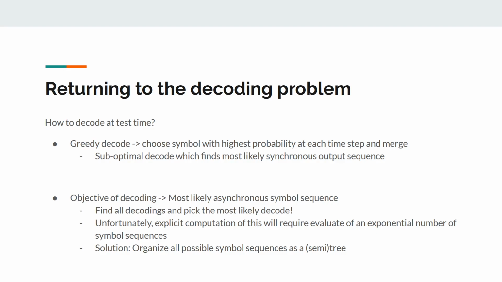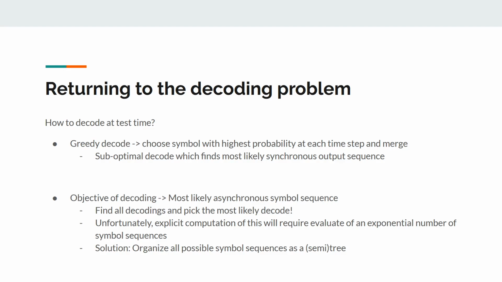Another possible way would be by simply enumerating all possible decodings using the probability matrix that we have, and basically obtaining all possible symbol sequences that could be decoded.